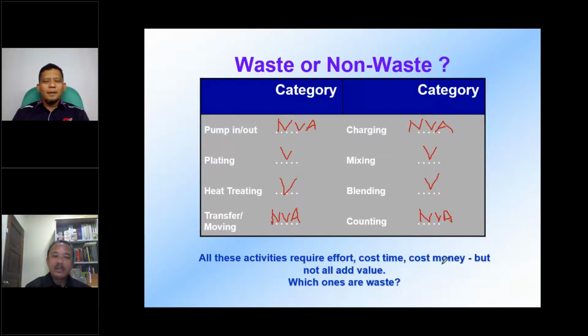Since we cannot get rid of that process, and it is in actual fact non-value add, sometimes you want to spend fewer resources there. That's why you just mentioned adopting Industry 4.0 to minimize the time and the resources that we spend there.